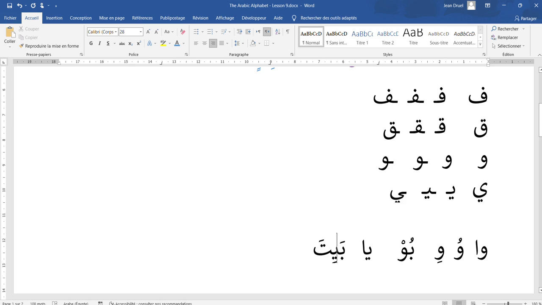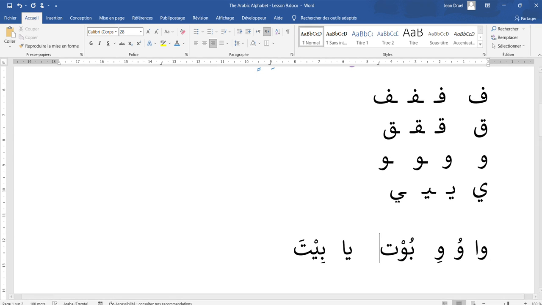So the only possibility for this to be a long vowel is to have a kasra before and a sukun. Just like here we had a dhamma before and a sukun. So the dhamma is the corresponding short vowel to the waw, and the kasra is the corresponding short vowel to the ya.